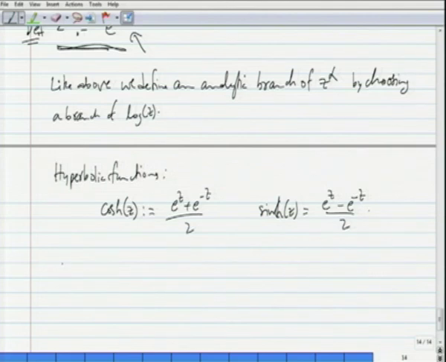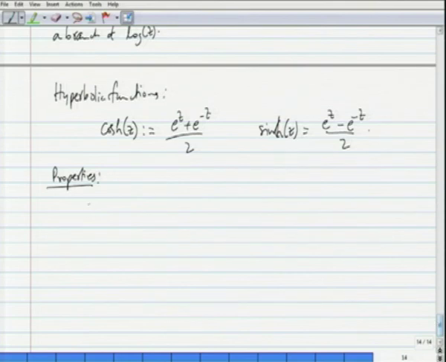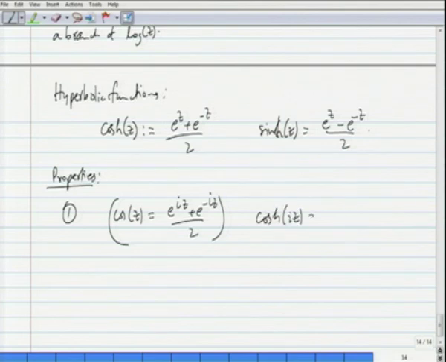Okay. So, since we already know that cosine of z is defined to be e power i z plus e power minus i z by 2, we have cosh of i z is equal to cos z.